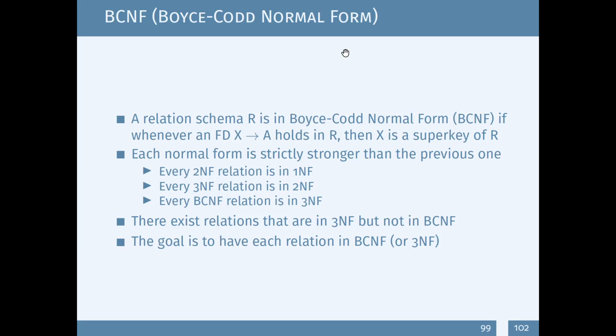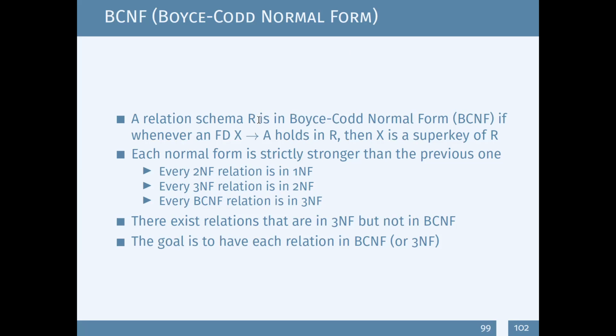In this particular case, we have Boyce-Codd normal form if you have a functional dependency X into A, which means A can be functionally determined by X in some relation R, then X is a superkey of R.